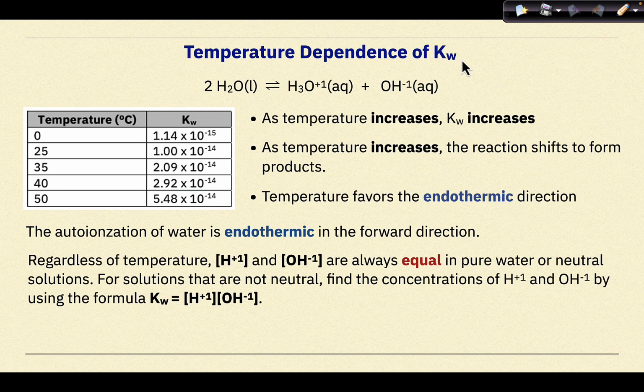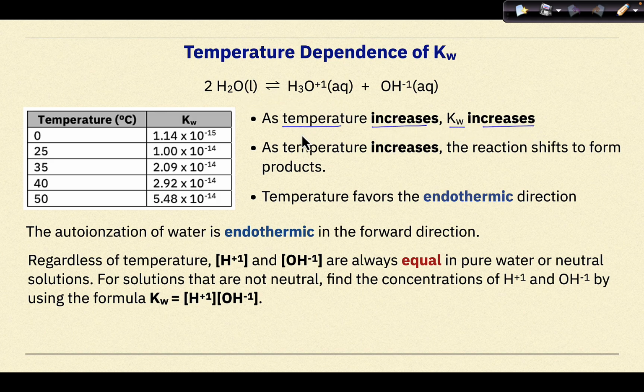Temperature dependence of Kw. Let's start out by looking at the autoionization of water, represented as 2 moles of water forming hydronium ions and hydroxide ions. This table shows the relationship between temperature and Kw. The pattern that we can see looking at this table is as temperature increases, our Kw is going to also increase.